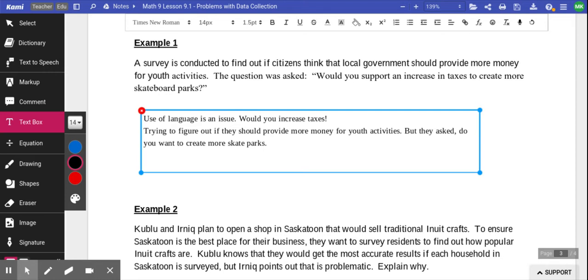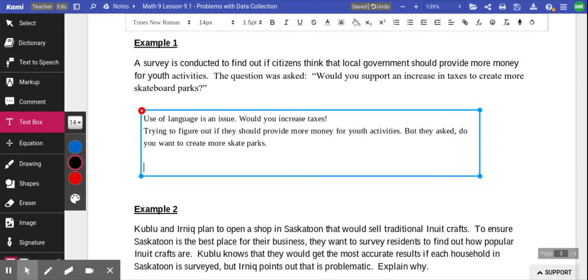Those are two very different things, right? Skate parks are a youth activity, but some people don't like skate parks and they associate that with something maybe that they're not a fan of. So instead of asking, should we provide more money for youth activities, they've specifically narrowed it down to one activity that somebody might not support. And again, your use of language here is very important.